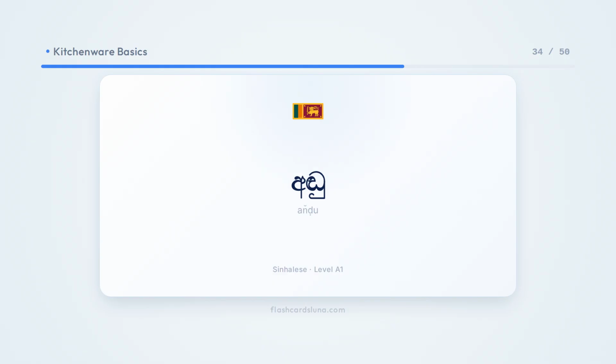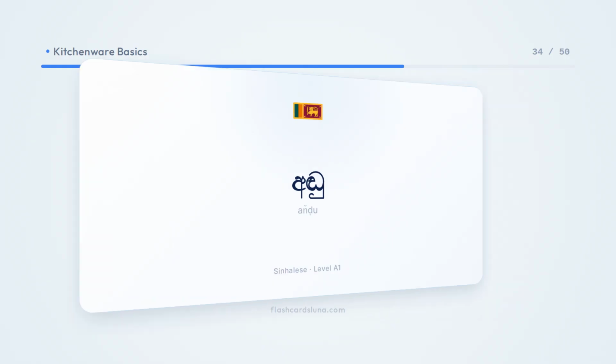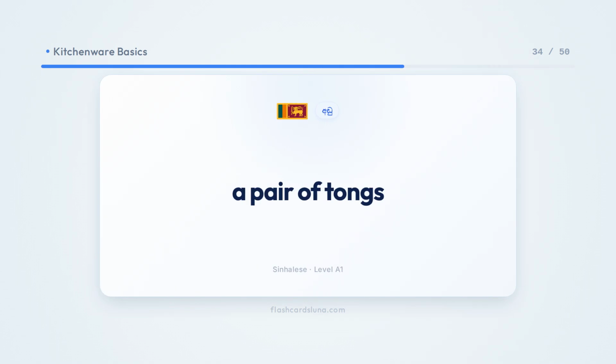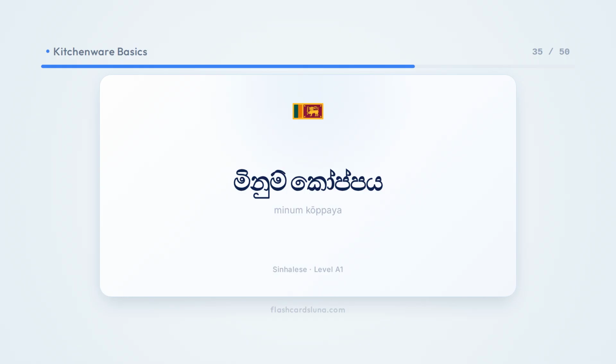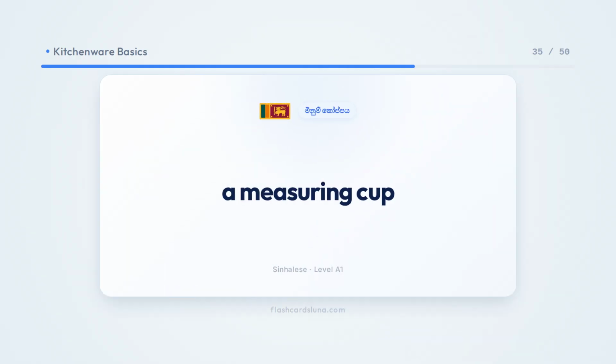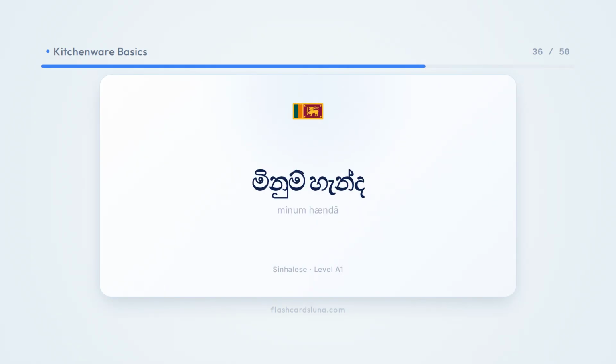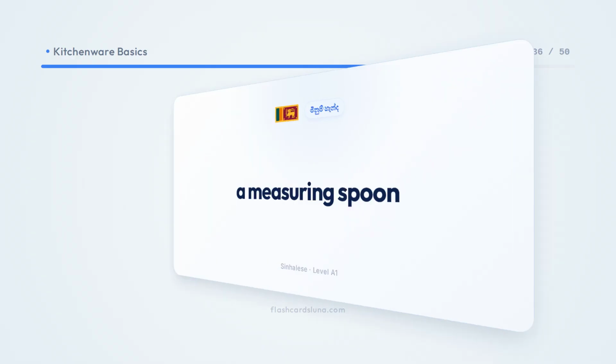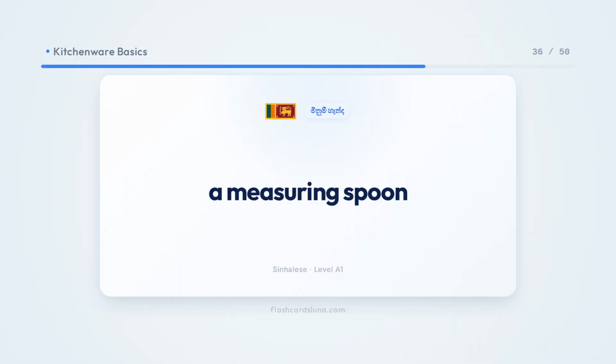Adu, a pair of tongs. Minma Kopia, a measuring cup. Min mahinda, a measuring spoon.